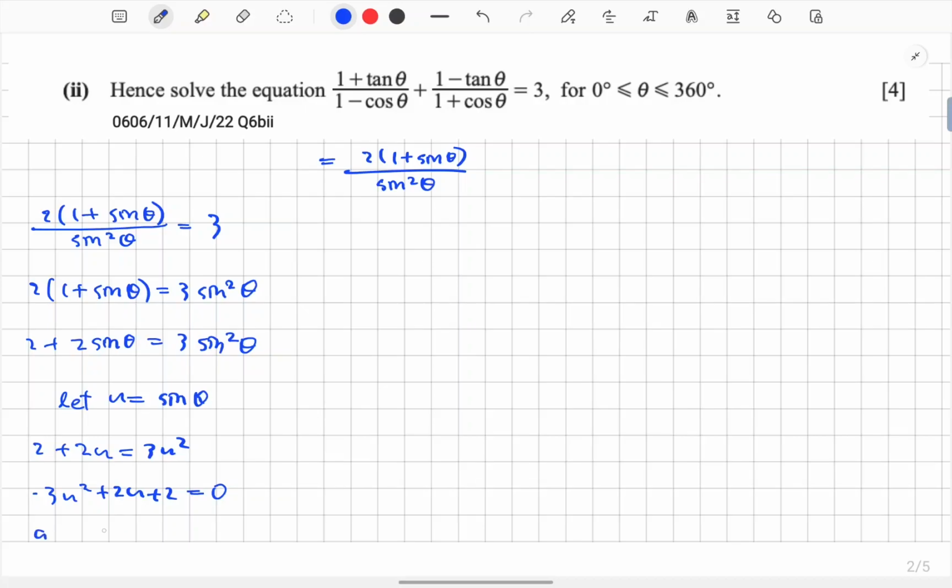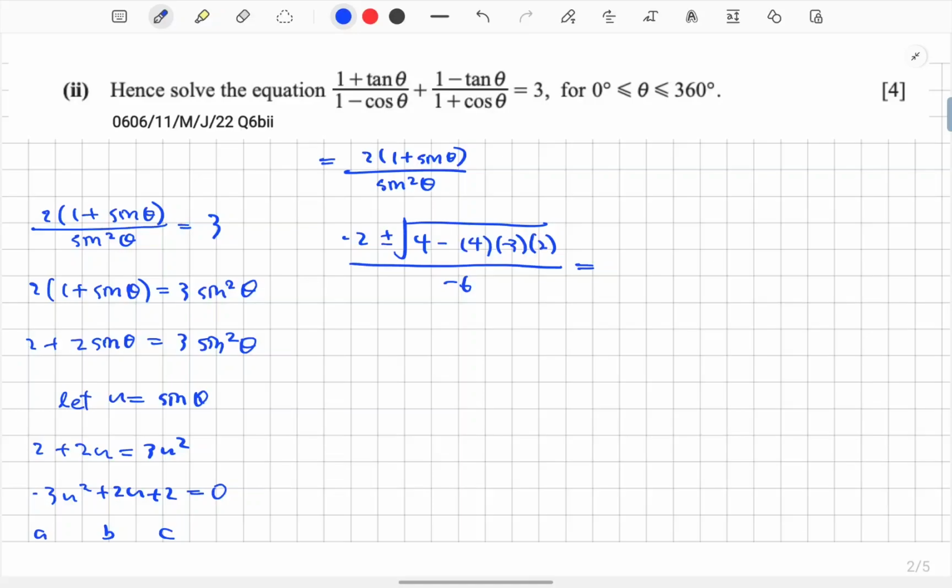So this is our a, b, and c. Our negative b will be minus 2 plus and minus the square root of b squared, which is 4, minus 4 times a negative 3 times c 2 all over 2a, which is negative 6.